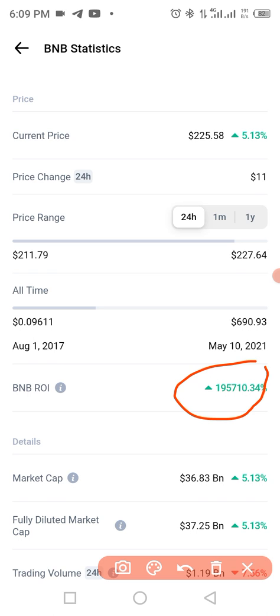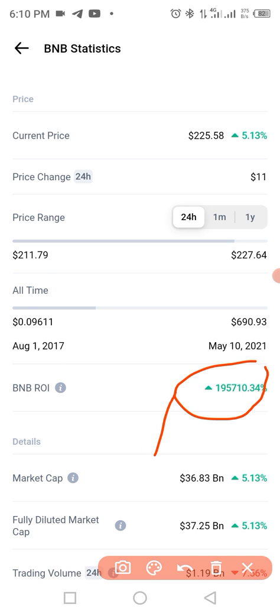BNB has done over 195,710%. That's almost 1,975x the amount of money you invested. If you had invested $1, that's $1 times 19,000x. That's exactly what it means.